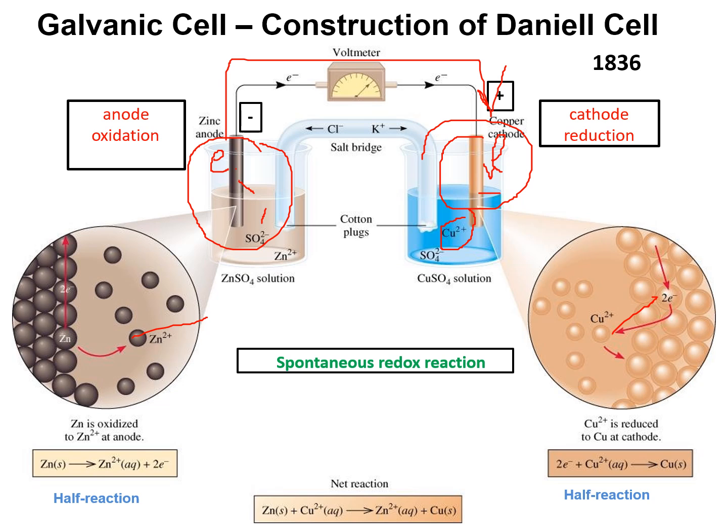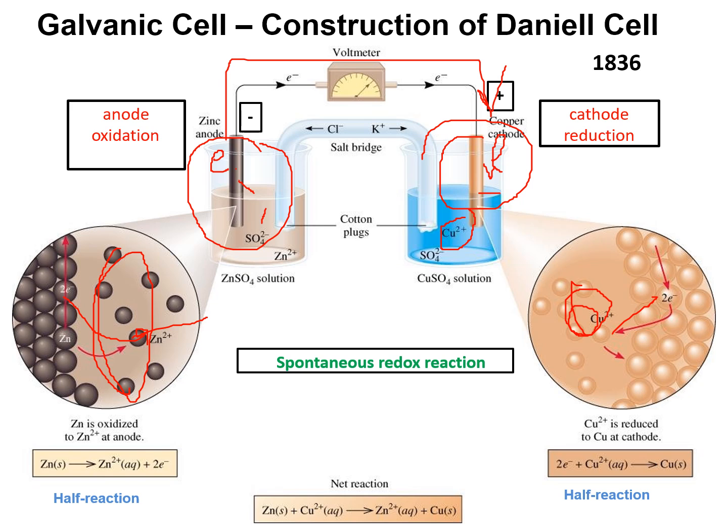Once the reaction has started, after a few minutes, due to the high concentration of zinc 2 plus in the solution, zinc 2 plus cannot leach into the solution. In the same way, in the copper sulfate solution, all the copper 2 plus is deposited as copper.